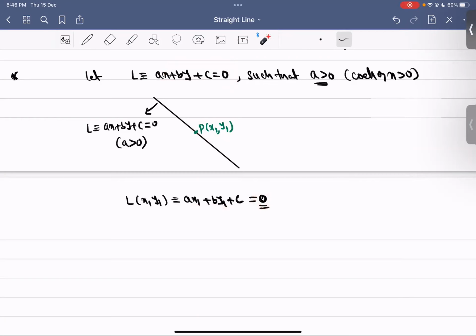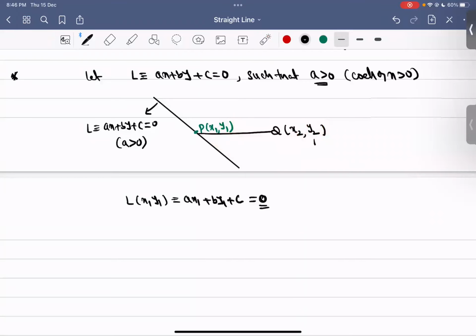Next, draw one horizontal line through P(x1, y1). Then the coordinates of Q are, suppose, (x2, y2). But here we have drawn a horizontal line. For a horizontal line, the y coordinates are the same, only the x coordinate changes.